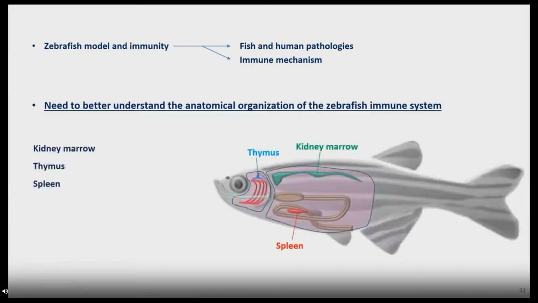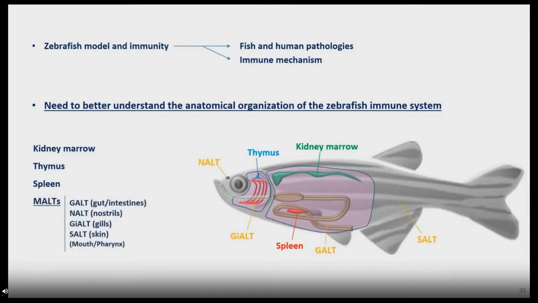If I were to summarize a bit, here you have a very nice zebrafish, with the head, the dorsal cavity, and then the kidneys, thymus, and spleen. There are two primary lymphoid organs, the thymus and the kidney marrow. The kidney marrow is where you have the hematopoiesis, but it also has the function of secondary lymphoid tissue, which the spleen also has.